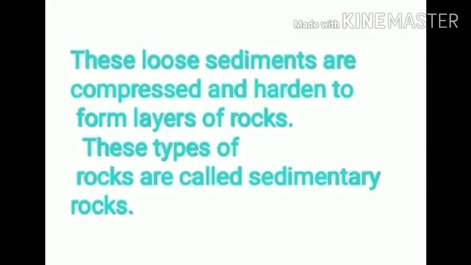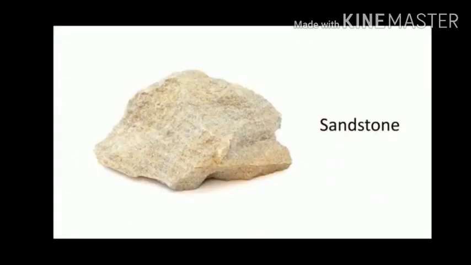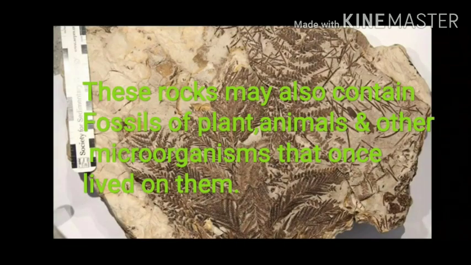These loose sediments are compressed and hardened to form layers of rocks. This type of rocks are called sedimentary rocks. For example, sandstone. This rock may also contain fossils of plants, animals and other microorganisms that once lived on them.